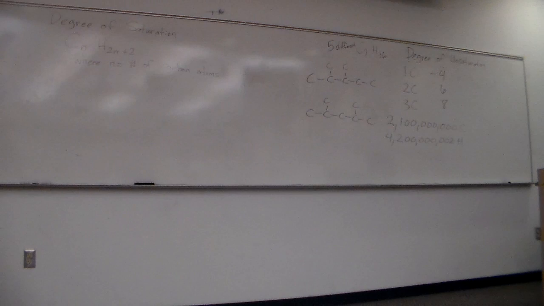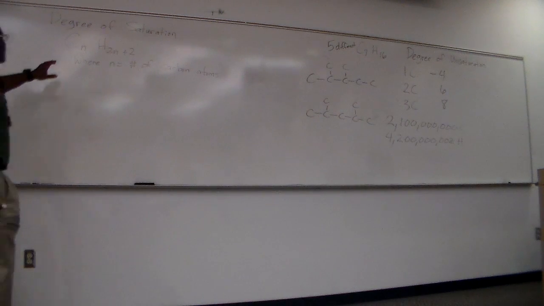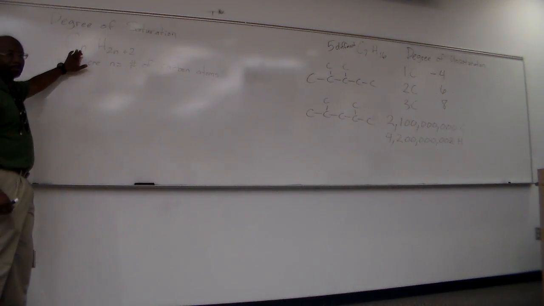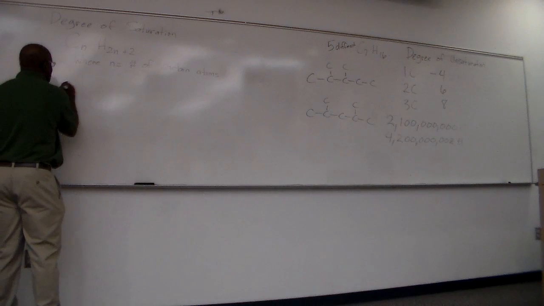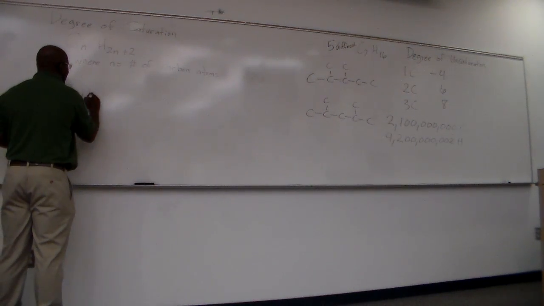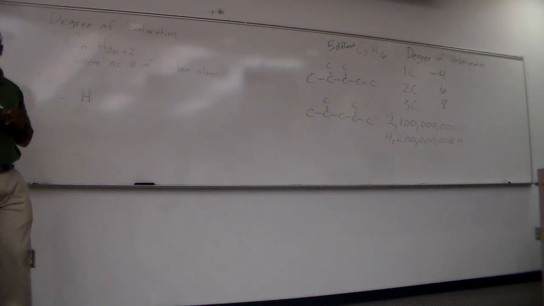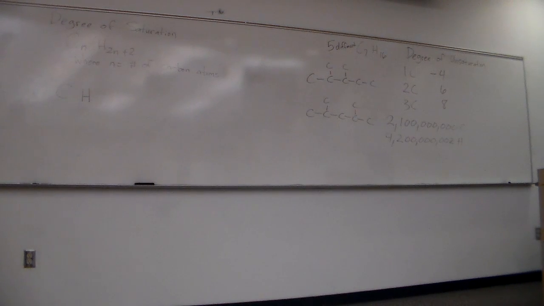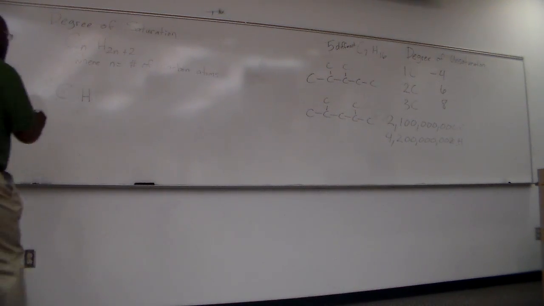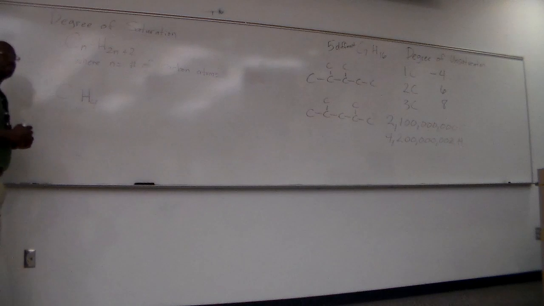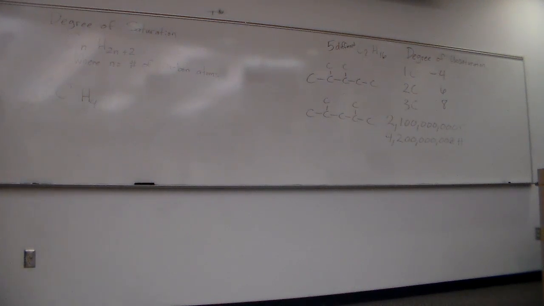Let's say I wanted to know how many hydrogens 1 carbon atom would contain. For 1, I plug in n = 1. So I get C1H, 2 times 1 is 2, plus 2 is 4, so it would be CH4: 1 carbon atom, 4 hydrogens.